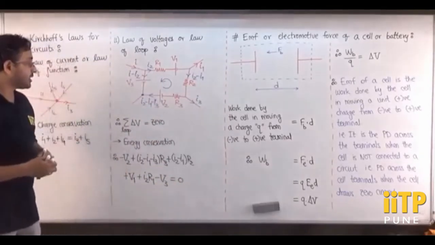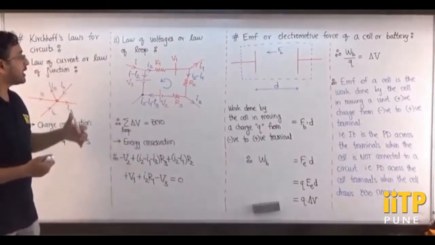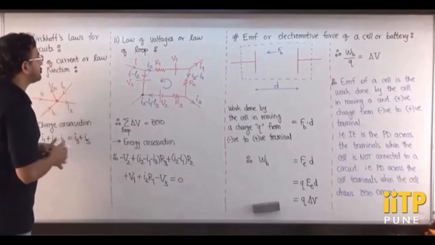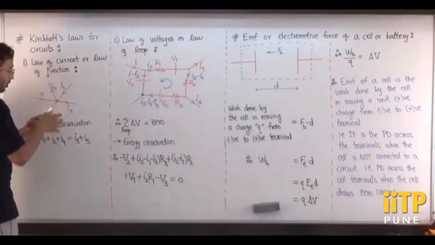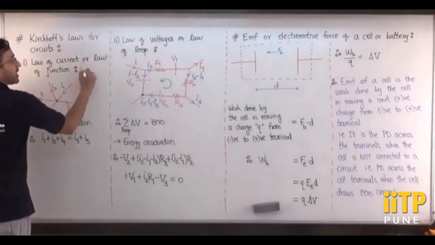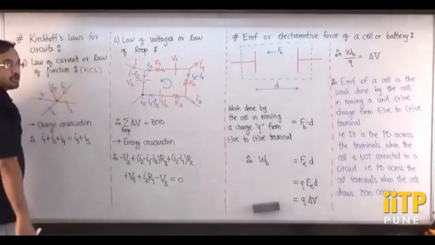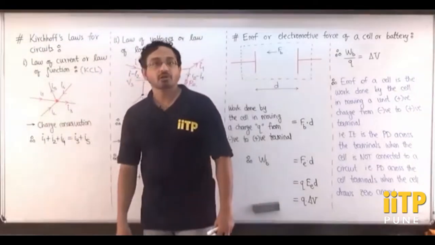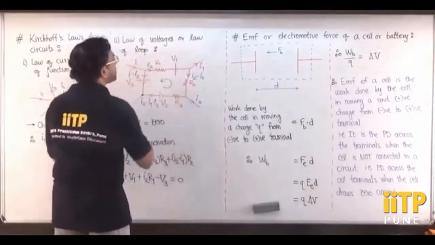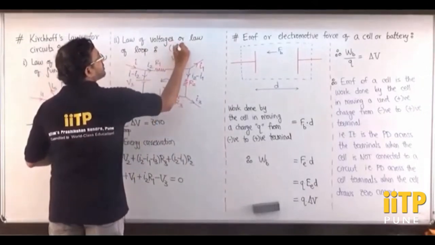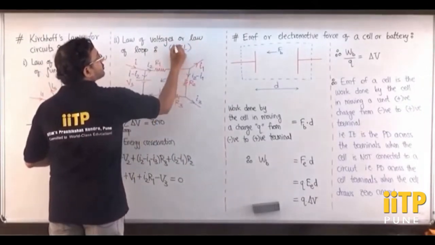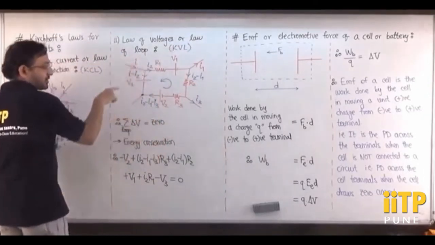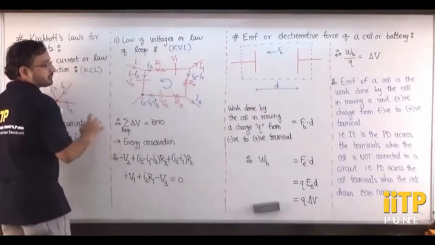So this is how we apply Kirchhoff's voltage law and Kirchhoff's current law together. Just to summarize, Kirchhoff's current law, also known as KCL, is a statement of conservation of charge, whereas Kirchhoff's voltage law, in short known as KVL, is a statement of energy conservation.